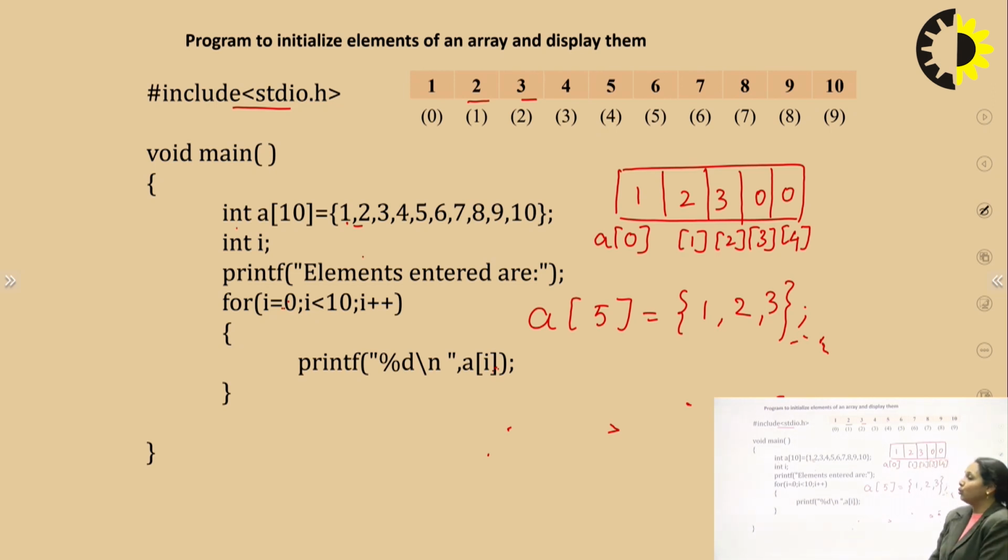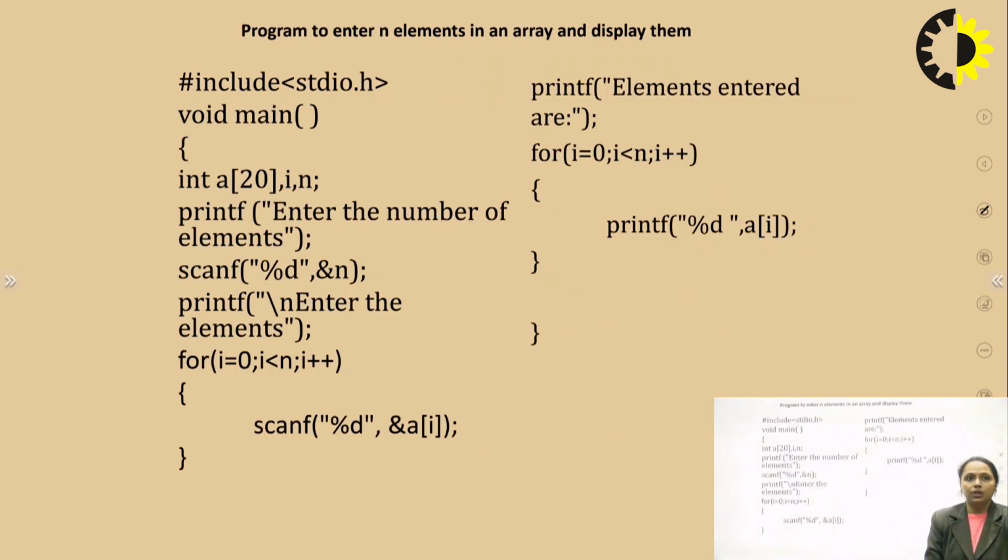Next, we will see how to take input from the user. When we are going to take input from the user, we need a scanf statement. First of all, there is the declaration of the array and different variables i and n. A[20] signifies that an array named A is created of type integer whose maximum size is 20.